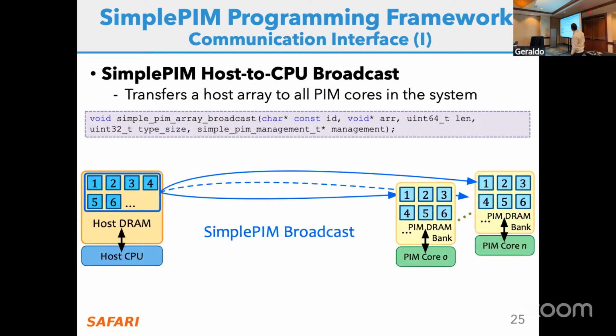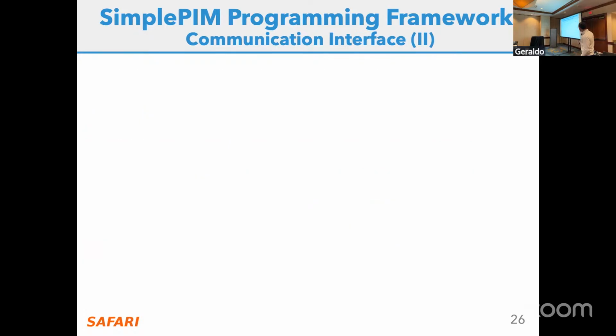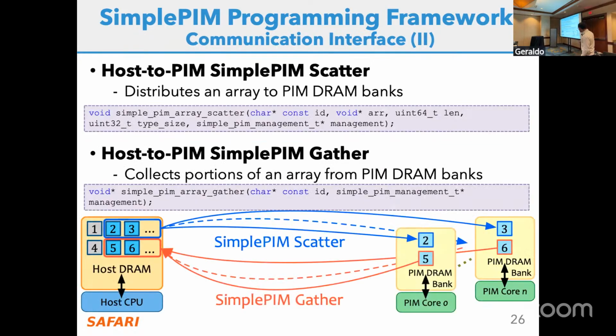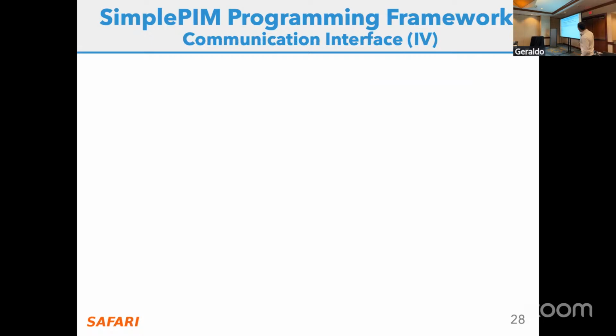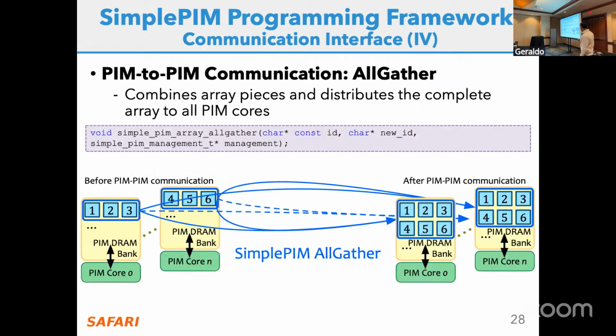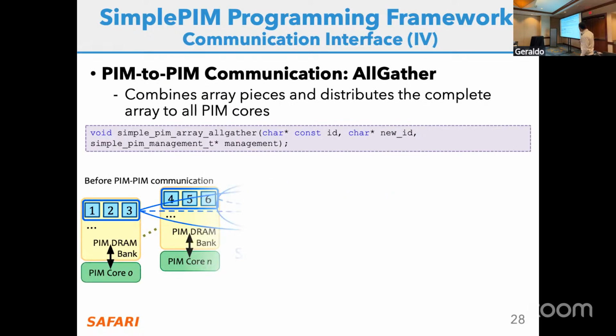Then the communication interface allows the user to decide how you're going to distribute those input arrays across the UPMEM chips, either using broadcast methods or gather and scatter methods for host to PIM data communication, or reduce and gather methods for PIM to PIM communication.